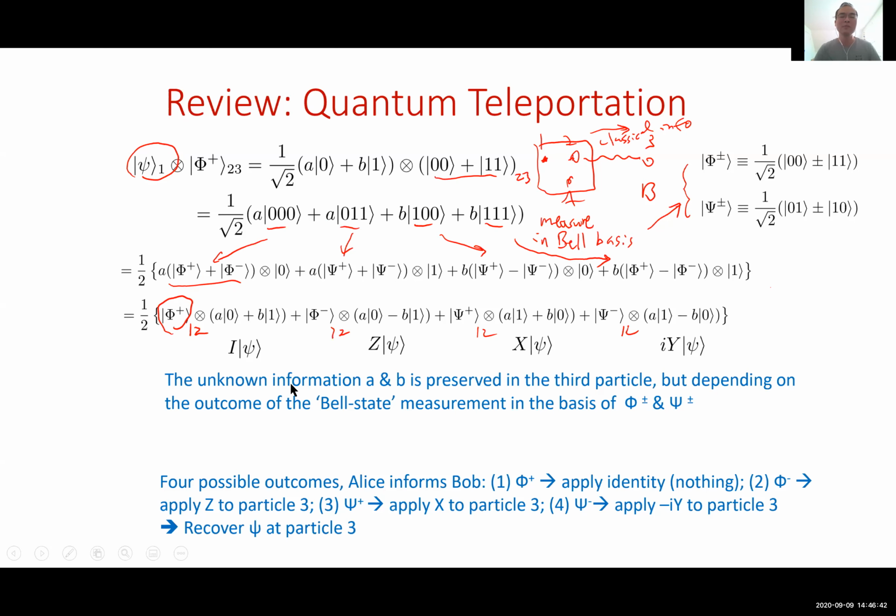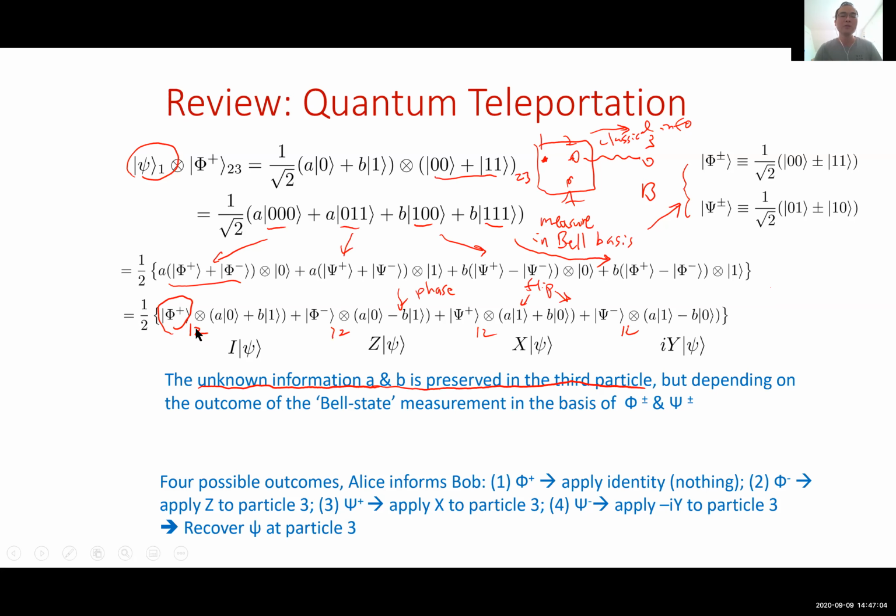So meaning that information, even though A and B are unknown, but they are preserved in the third particle. But there might be additional phase or flip or both. You need to correct.